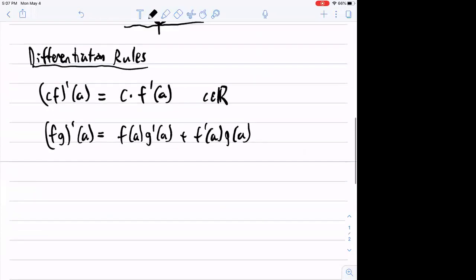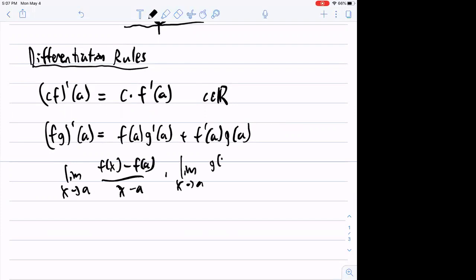So if you look at the limit as x goes to a, this is f prime at a, right? And if you're multiplying this thing, it might not necessarily be equal.